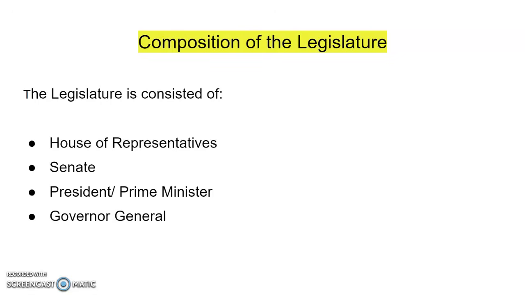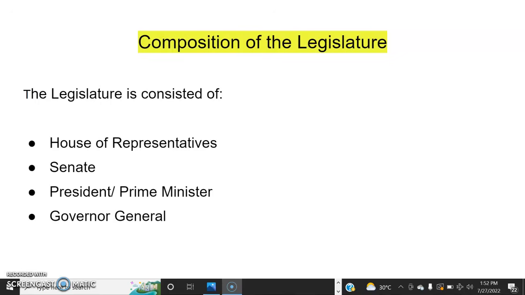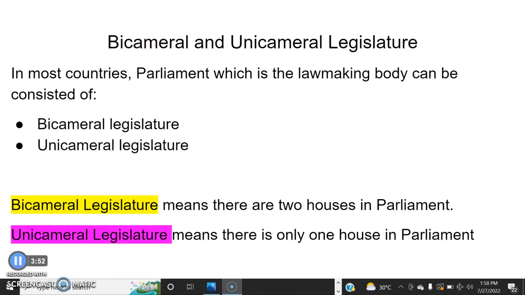We have the House of Representatives, and we are going to look at what that is further down in the lesson. We have the Senate, and the President, if it's a republic country. If it's a democratic country, we have the Prime Minister, and the Governor General is also a part of the legislative branch of government. Have you ever heard the term Parliament?